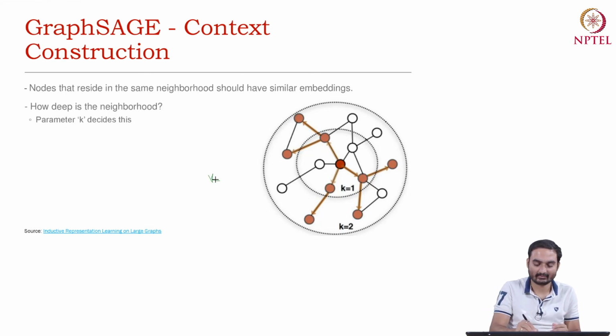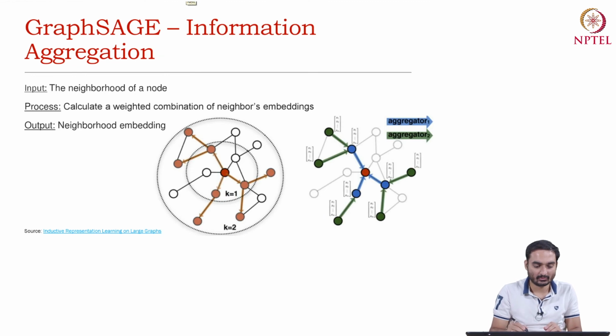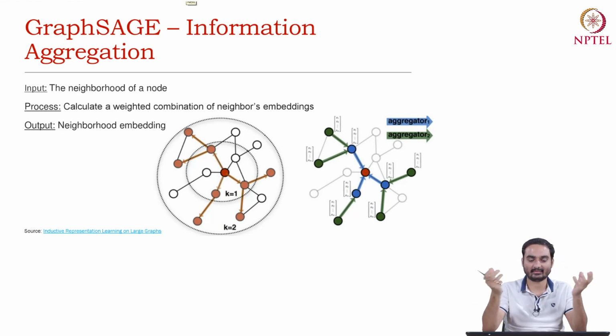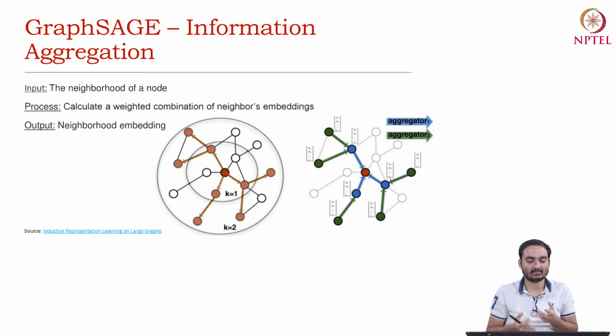So you decide this parameter k, and you essentially come up with a kind of subgraph of a particular node, and that subgraph is your input. The features of the neighbors are aggregated using some aggregation function, and then you do some convolution operation and pass it to the next node and so on and so forth.